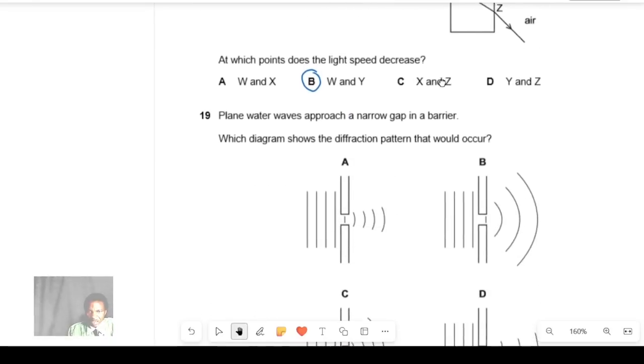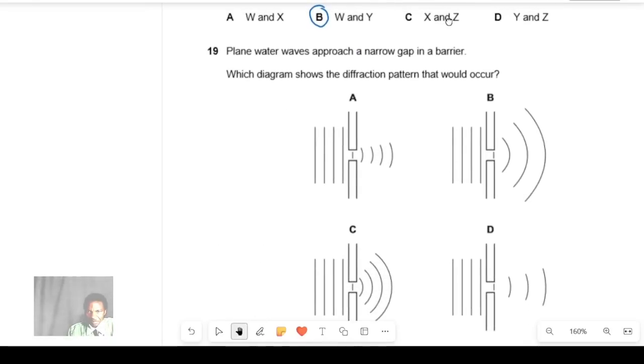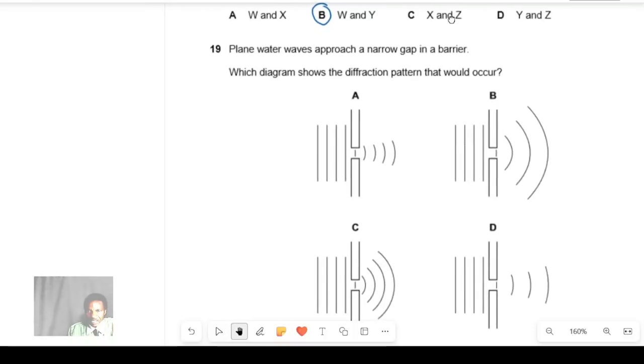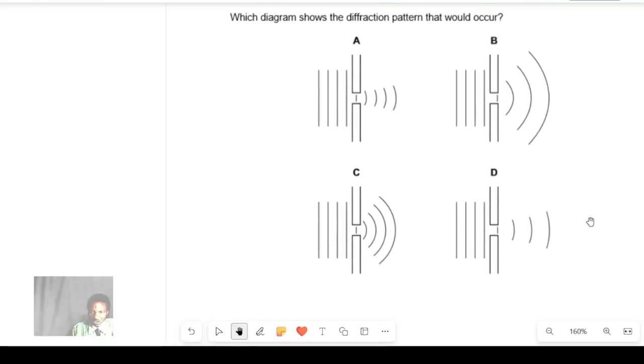So let's look at question 19. A plane wave approaches a narrow gap. Which diagram shows the diffraction pattern that will occur? Narrow gap. So it is going to spread around, so this is it.